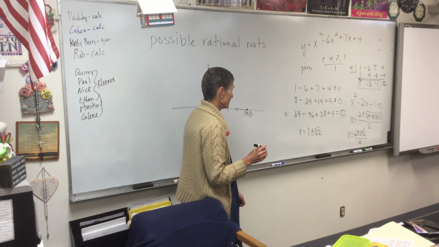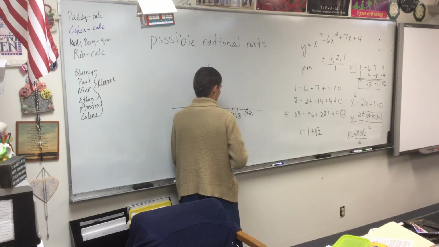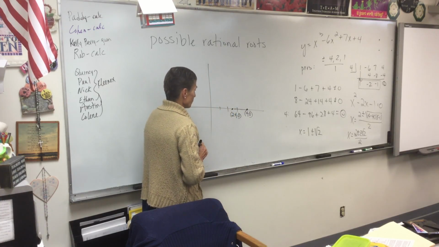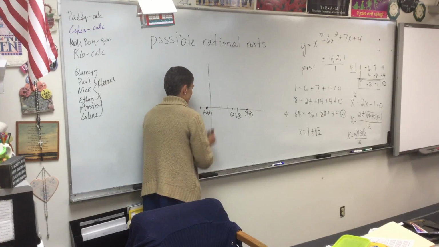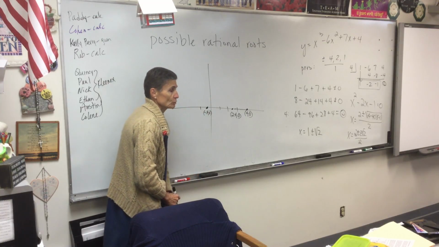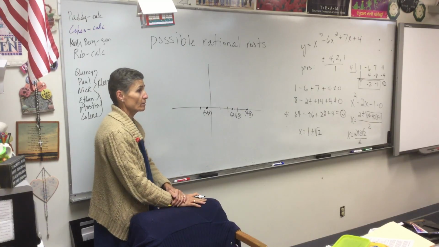Decimally, anybody know what 1 plus root 2 is? I think that's about 2.4. So I'm just going to put it on there, about 2.4. And 1 minus root 2 would be negative 0.4. So I've approximated those decimals so I could plot them.